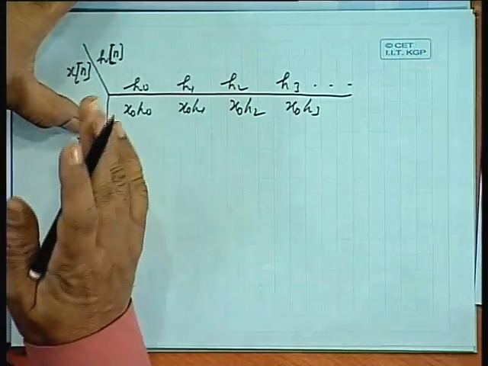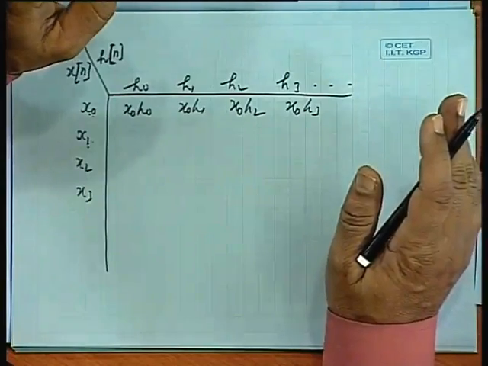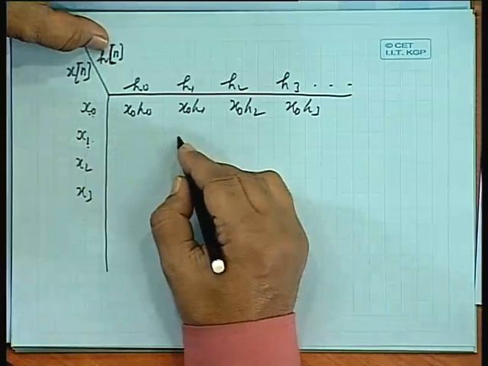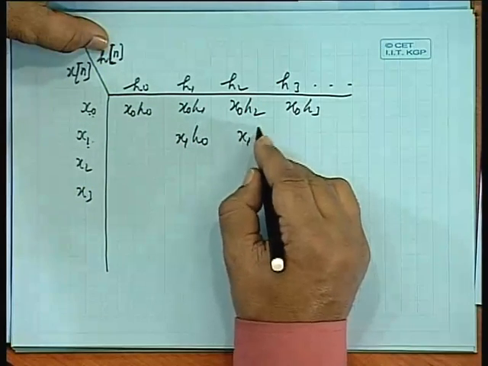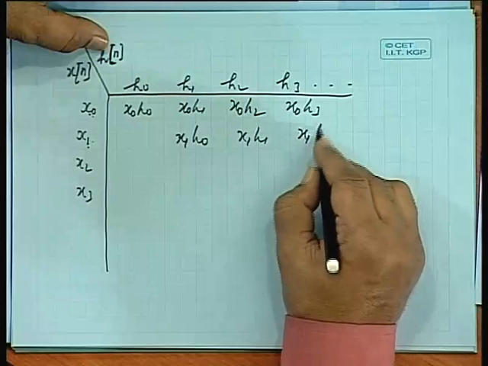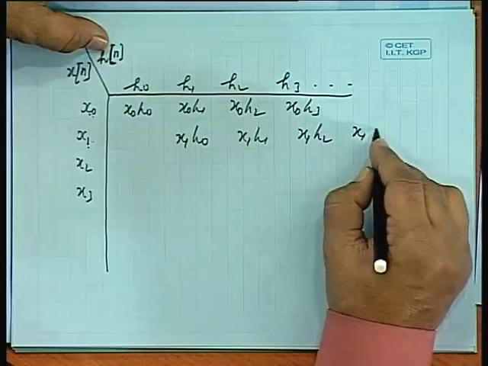x1 we are applying after one sampling time, after one interval. So, the corresponding response, which will be x1 h0, x1 h1, x1 h2, x1 h3 and so on, will start after one interval. So, it will start from this point: x1 h0, x1 h1, x1 h2, x1 h3.